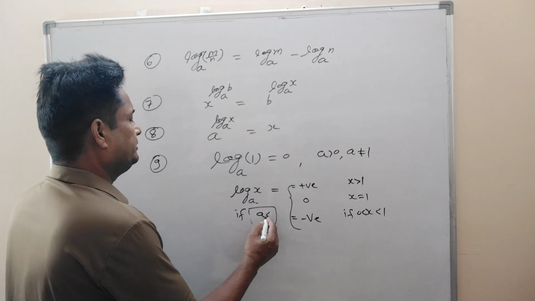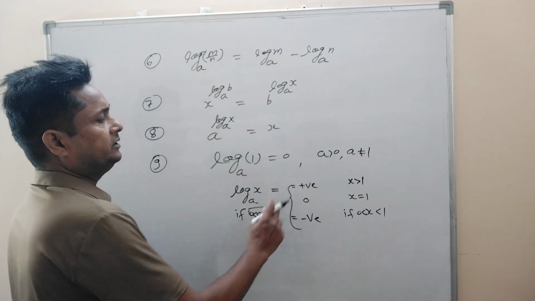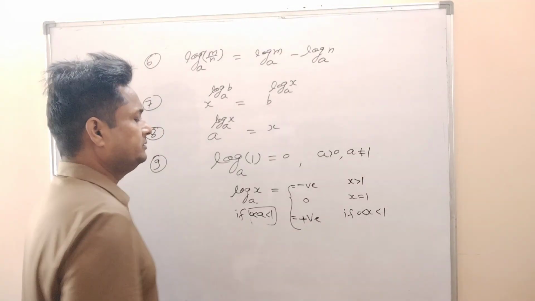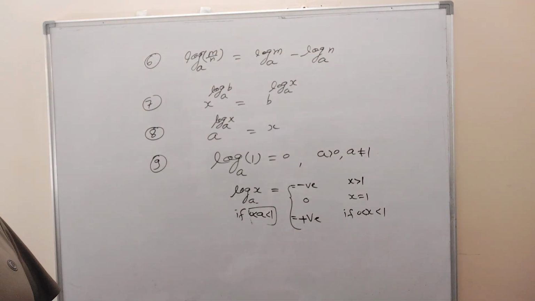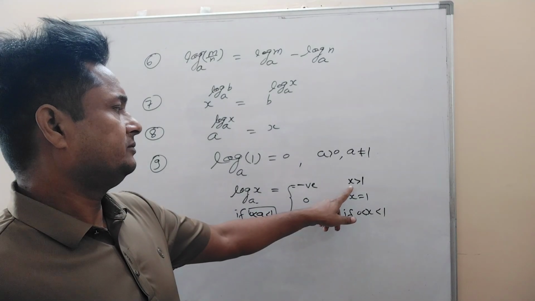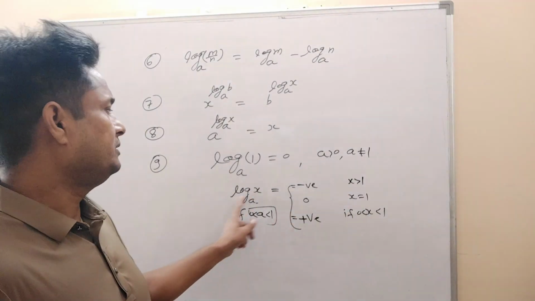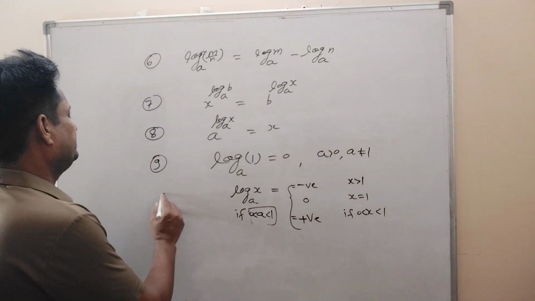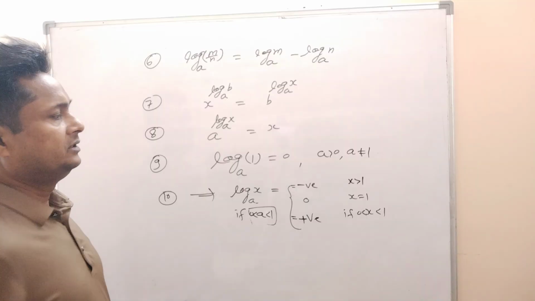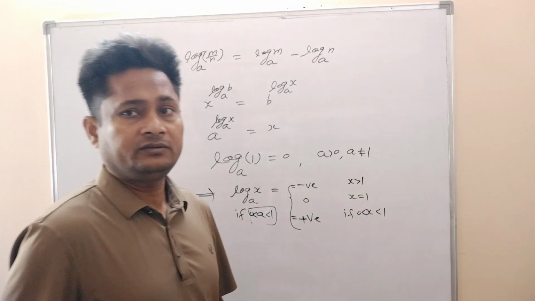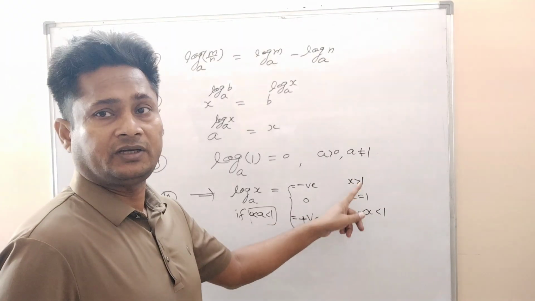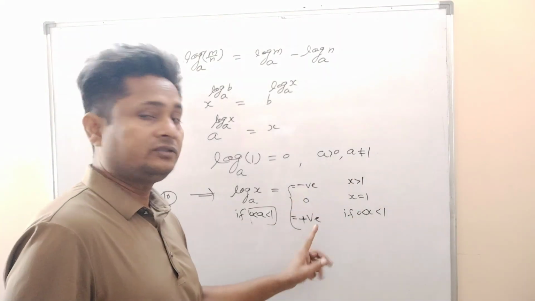If a lies between 0 to 1, then its value will always be negative here, and here it will give you always a positive value. For x greater than 1, its value will always be negative. This you can take as the tenth property of this one. Logarithmic values of this one are defined with respect to these values of x.